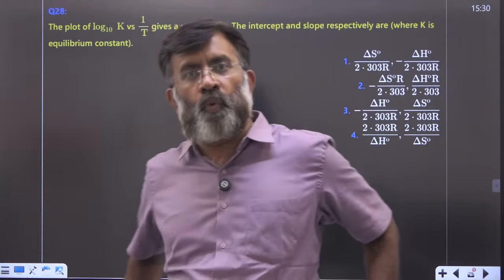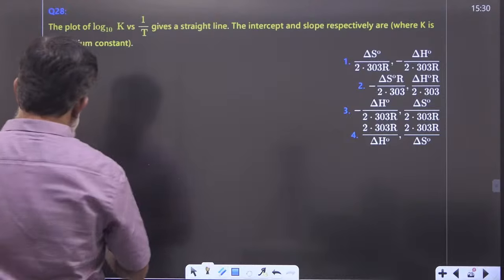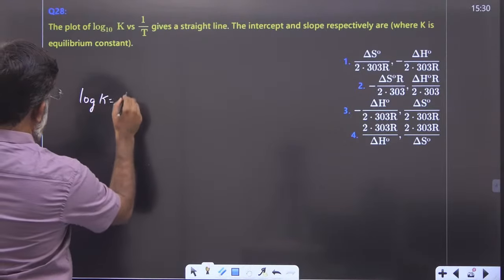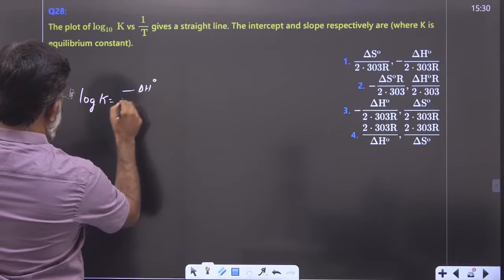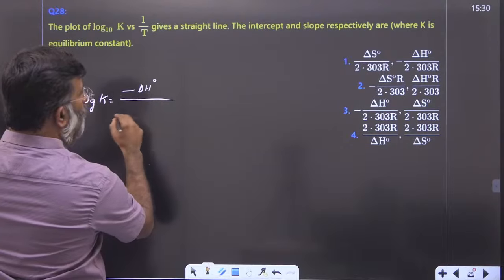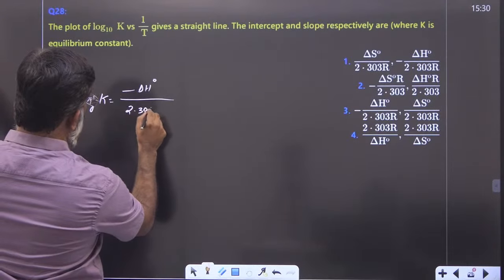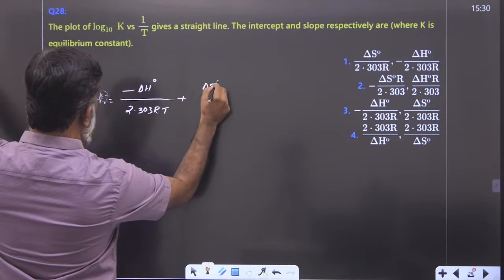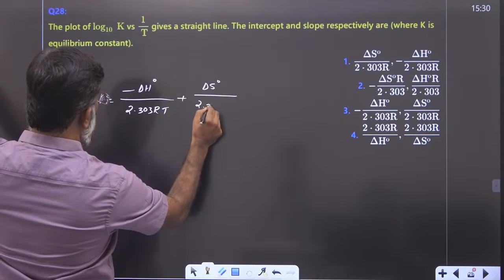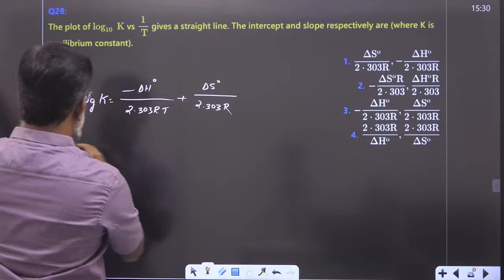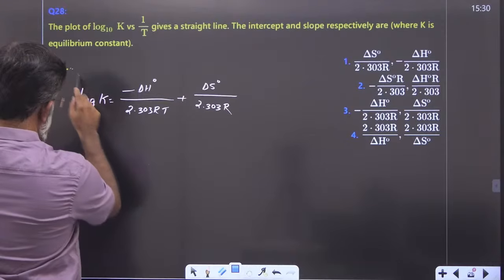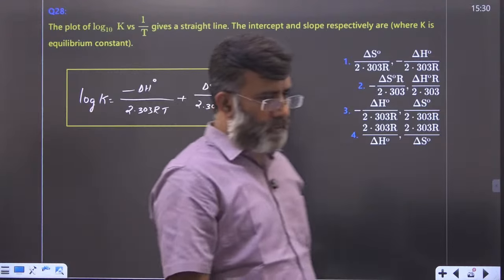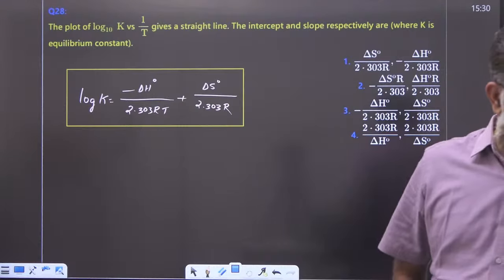Van't Hoff equation. Log k equals minus delta H naught by 2.303 RT plus delta S naught by 2.303 R. Please verify the material and the notes.